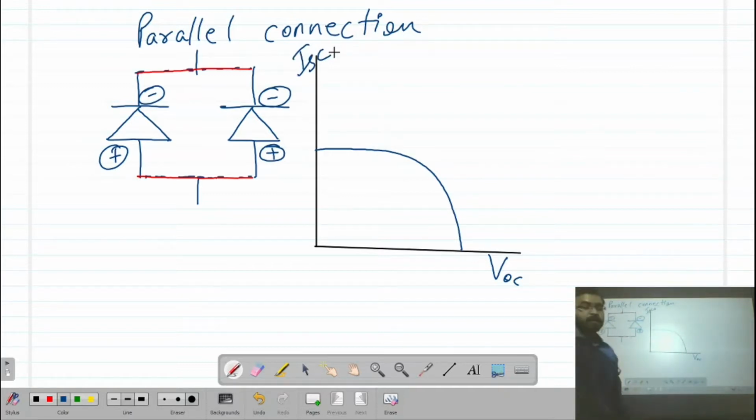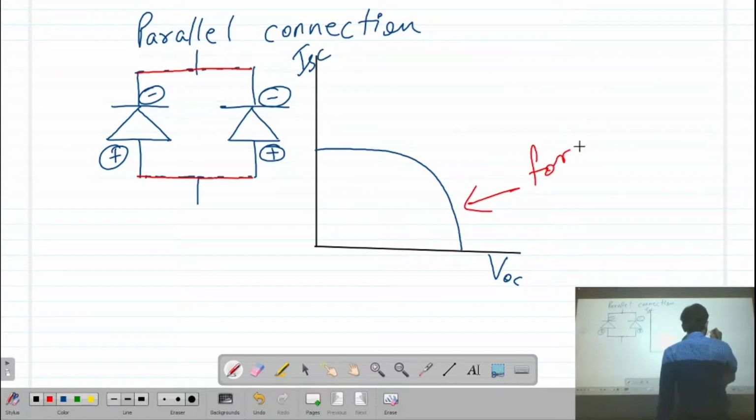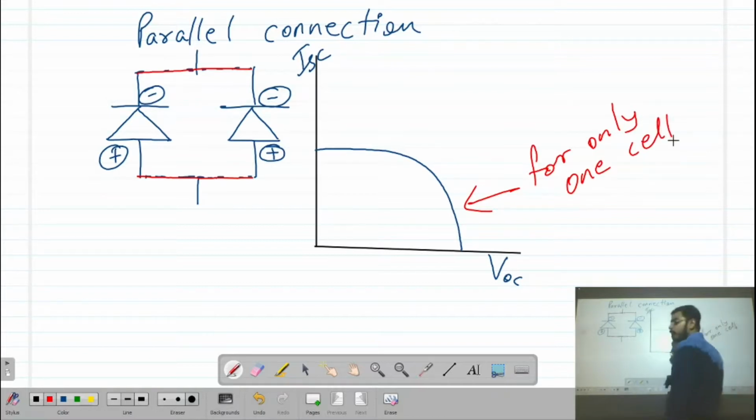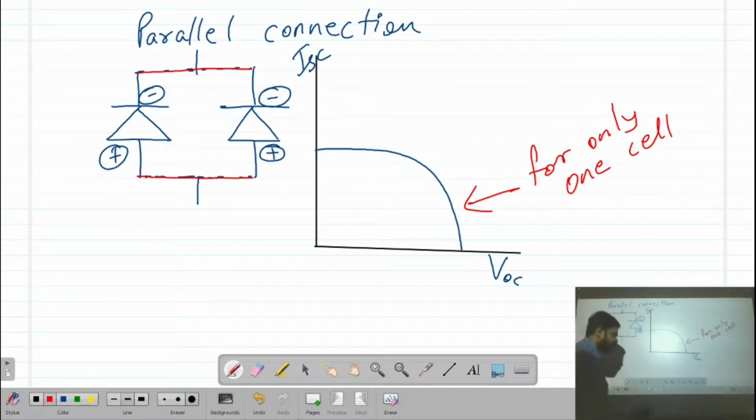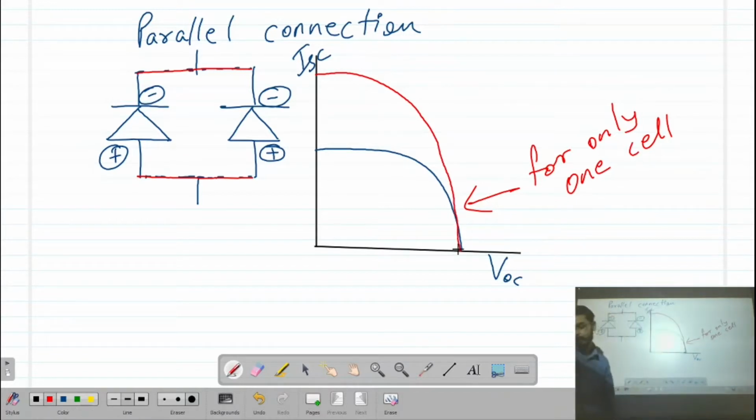Now, this is for only one cell. When it is connected in parallel, then the IV will become something like this, right?